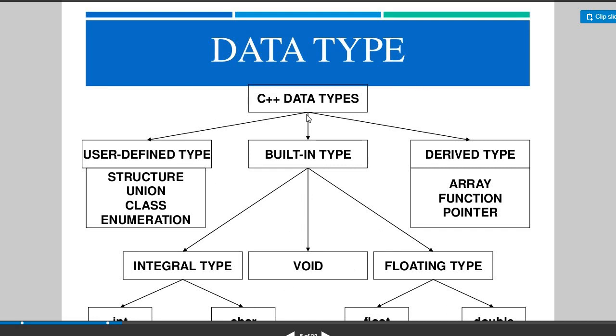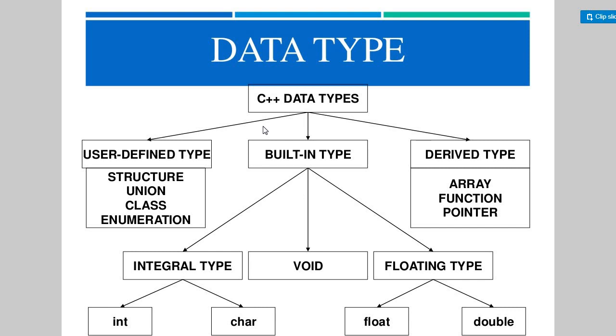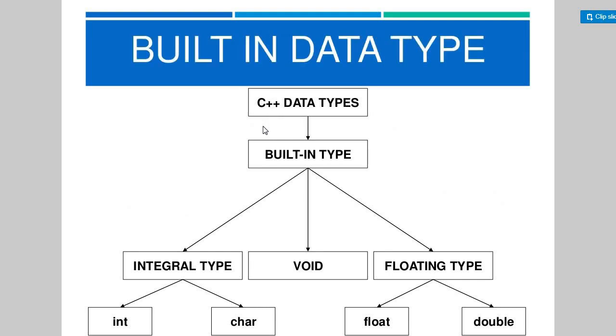These are the basic data types of C++, and some of them are also contained in C. Built-in data types, that is fundamental data types, may also be called primary data types or basic data types, with the same meaning.